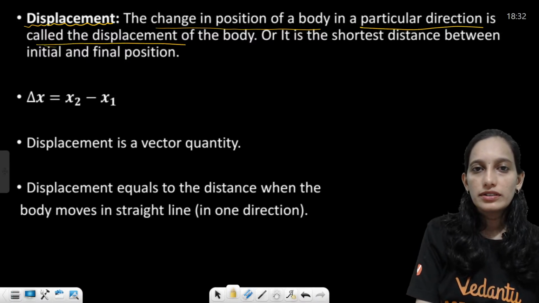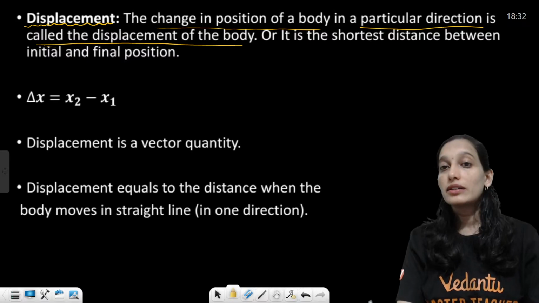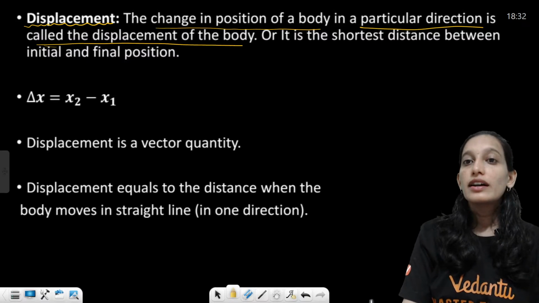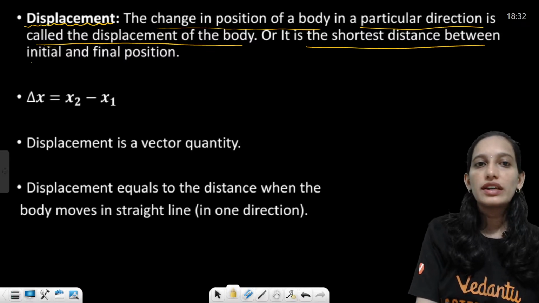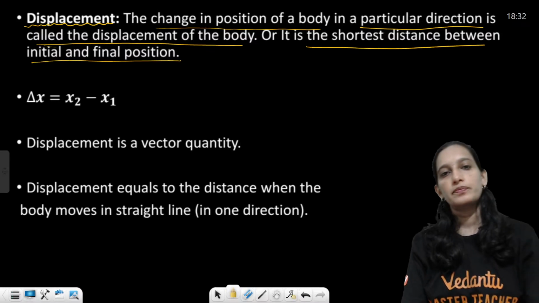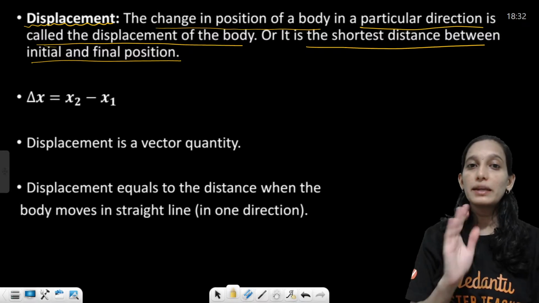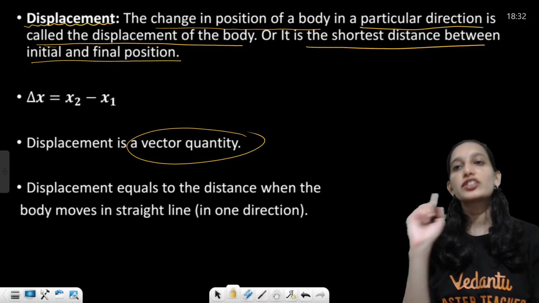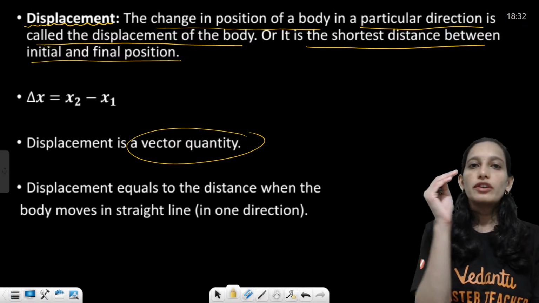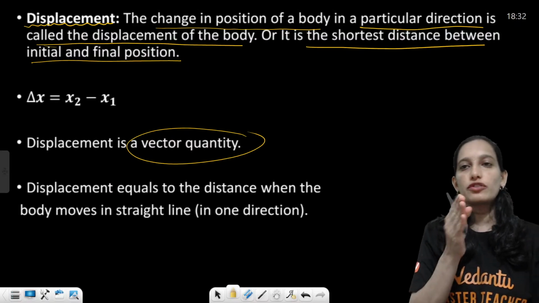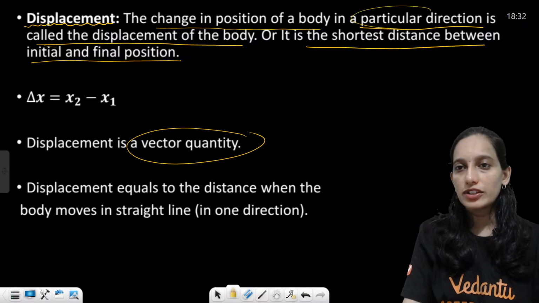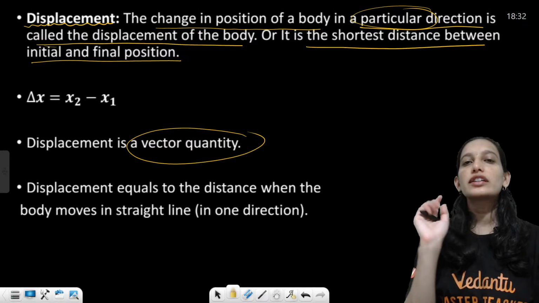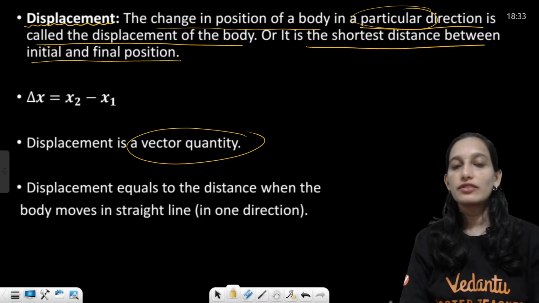The easy way to remember the definition is that it is the shortest distance between the initial and final position. It's a vector quantity, so direction is important.